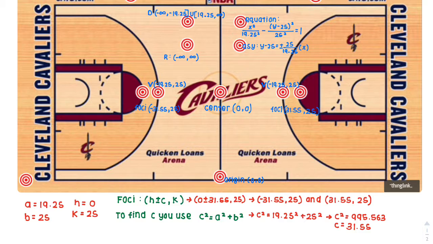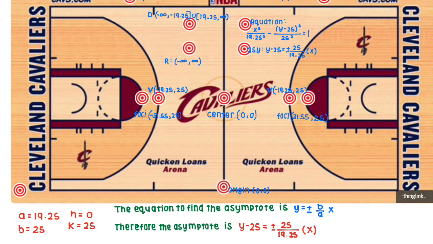And when you square root it, your c value will be 31.55. When you plug in your h, k, and c values into the foci equation, your foci are (negative 31.55, 25) and (31.55, 25).